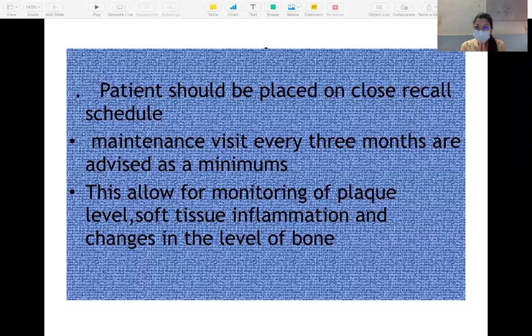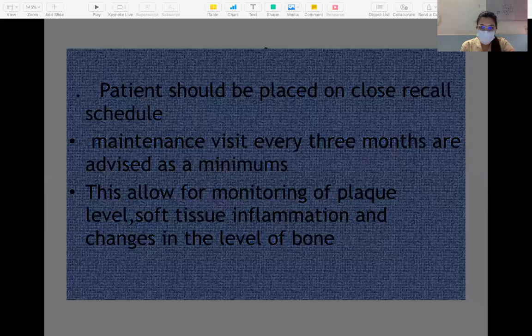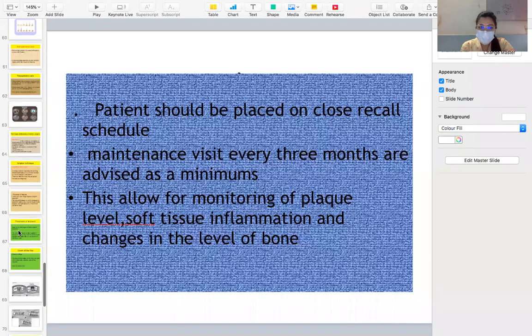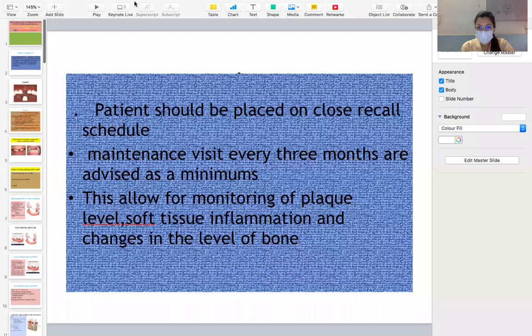You are the person who is responsible for maintaining good health of the oral cavity of the patient after the placement of implant as well. Apart from the patient's important daily basic care, you should also show interest and do regular follow-up of the implant patient. So this is all about implant and introduction to implants.